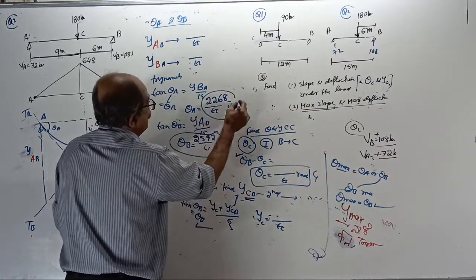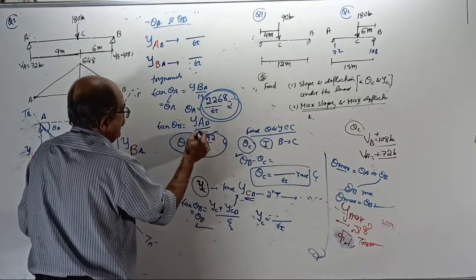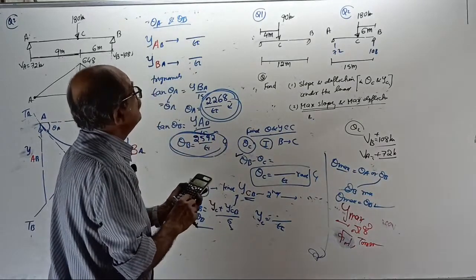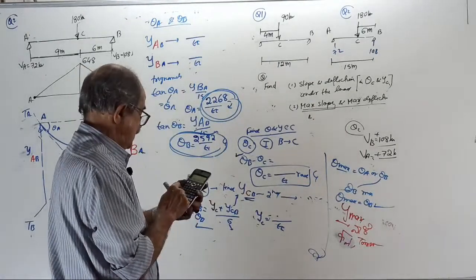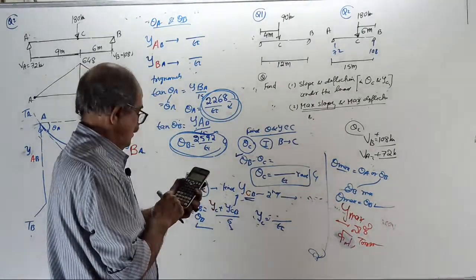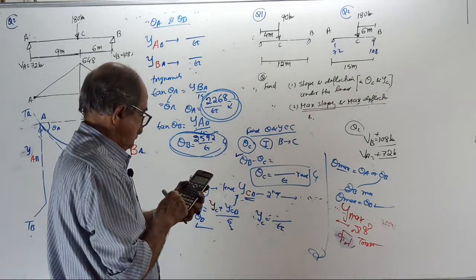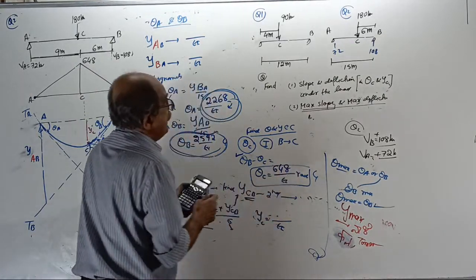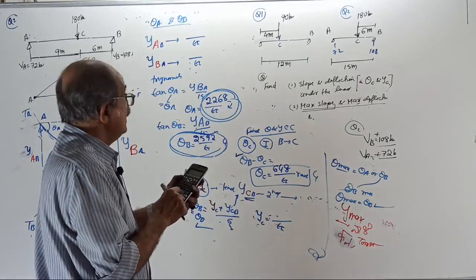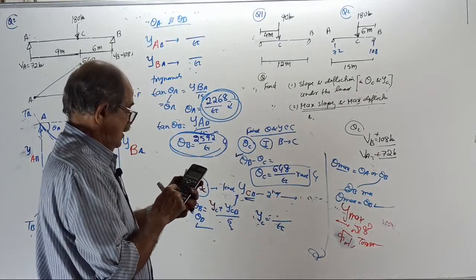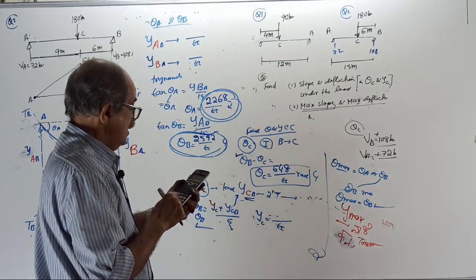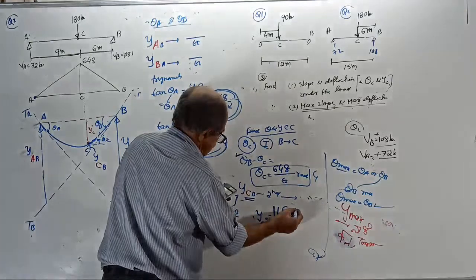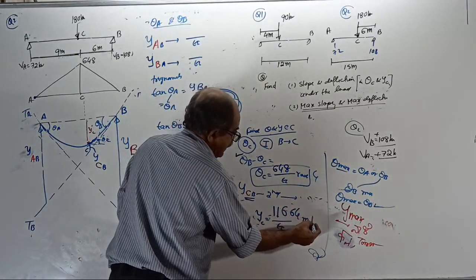Slope at C will come 648 by EI. And deflection at C will come 11664 by EI meter down.